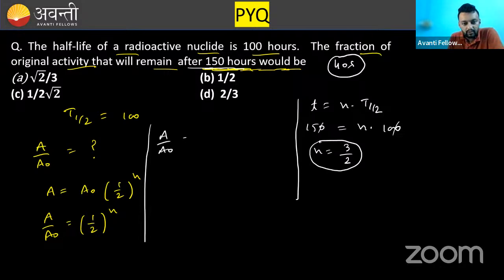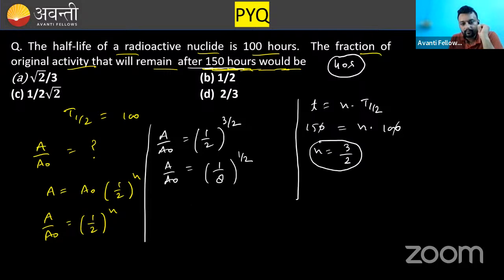A by A naught is equal to 1 by 2 raised to the power 3 by 2. 3 by 2 means, first of all, you need to cube it and then take the square root. So that will be 1 by 8 to the power 1 by 2, and root of 8 is 2 root 2, so the answer is 1 by 2 root 2.